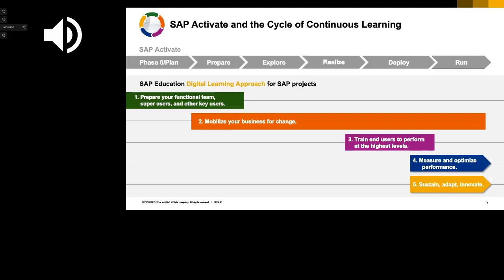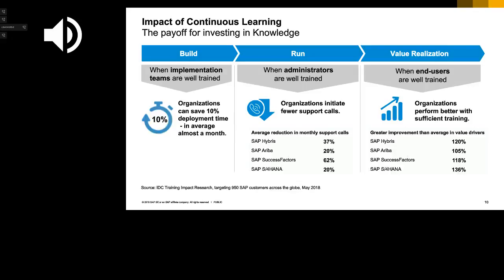If you wanted to know about the value of this, we're really talking about the build phase. For the dollars that you spend on training your project team, customers who have well-trained project teams, where they consider themselves that the project team itself understood what they needed to know how to do during the project itself, usually save themselves, on average, 10% of project time.